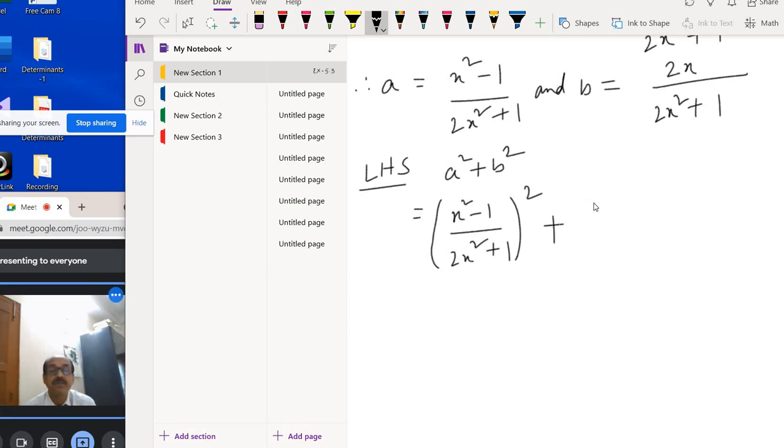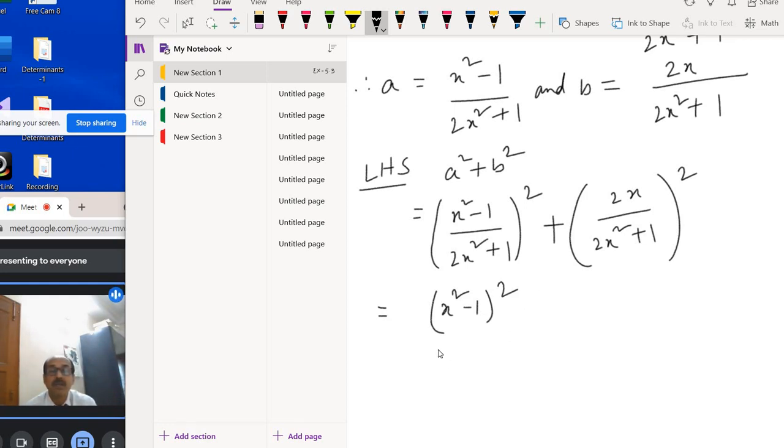Plus b is 2x by 2x square plus 1 whole square. Okay, now x square minus 1 whole square, right, separate square divided by plus 2x whole square.